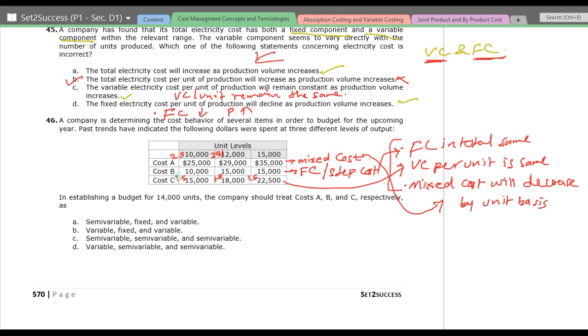So for costs, we have mixed cost or semi-variable cost, fixed cost, and variable cost. So mixed cost, fixed cost, variable cost. So option A is correct. Next.